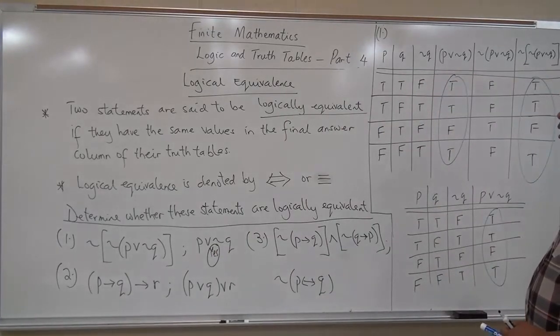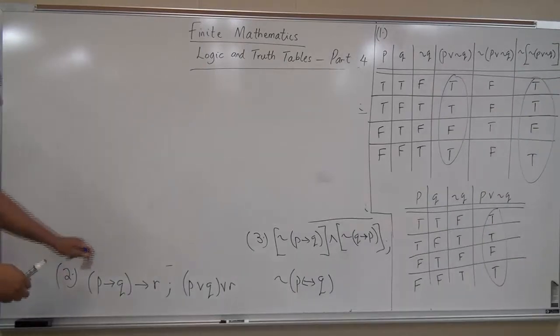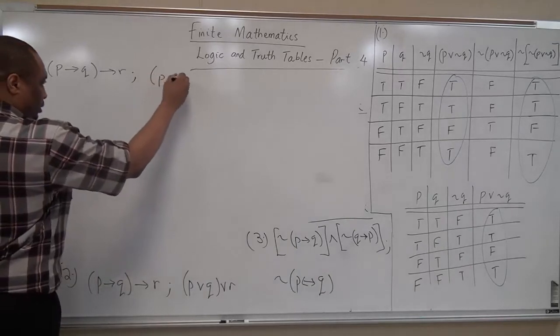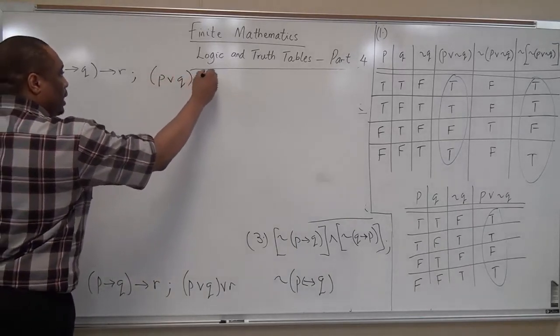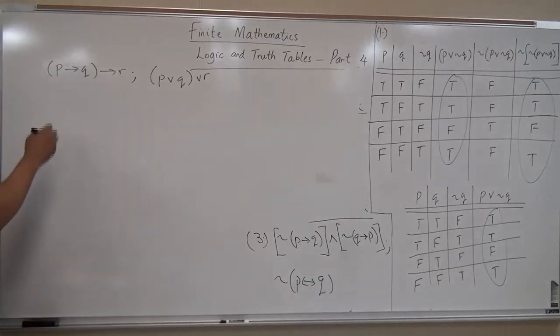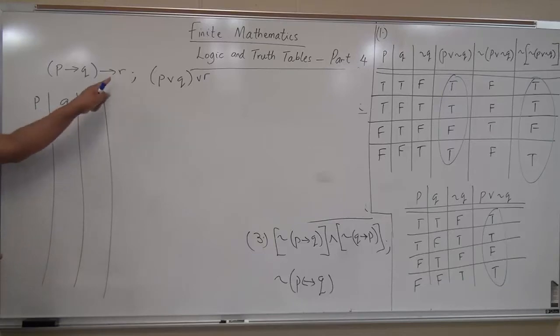All right, let's go ahead and do number 2. For number 2, we have P implies Q implies R, and then P or Q or R. So here we have 3 statements: P, Q, R. Let's do the first one first.